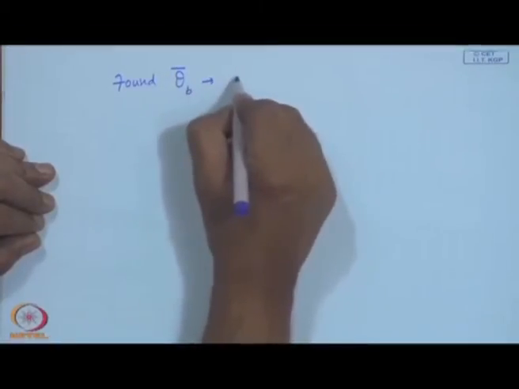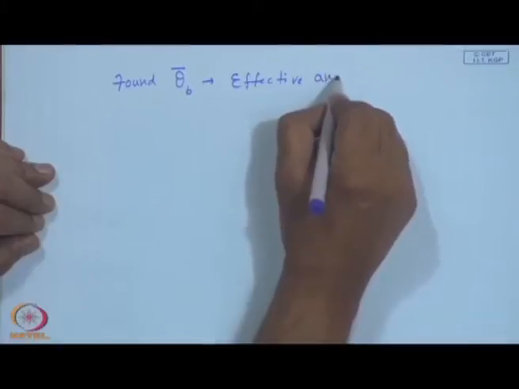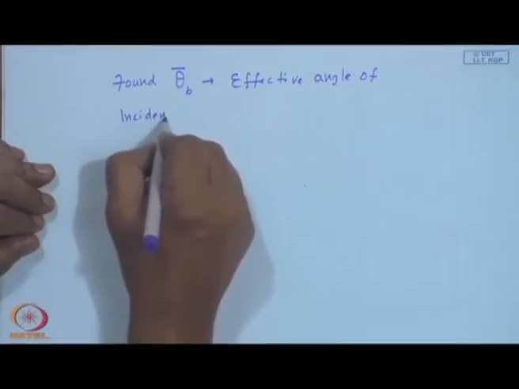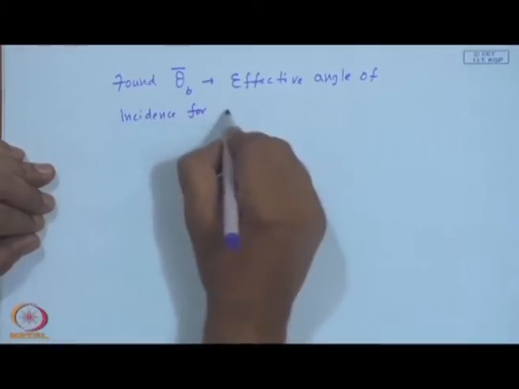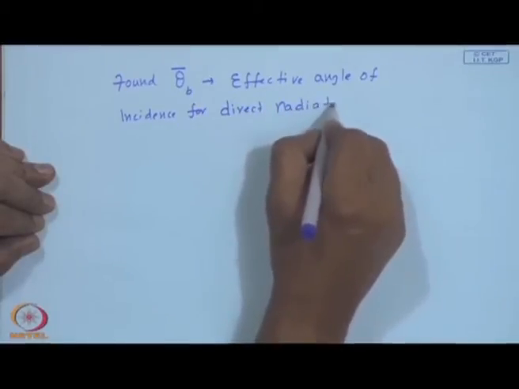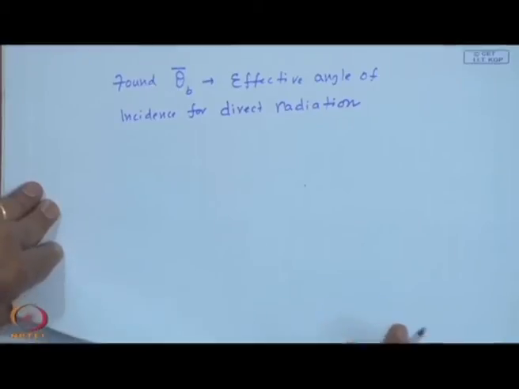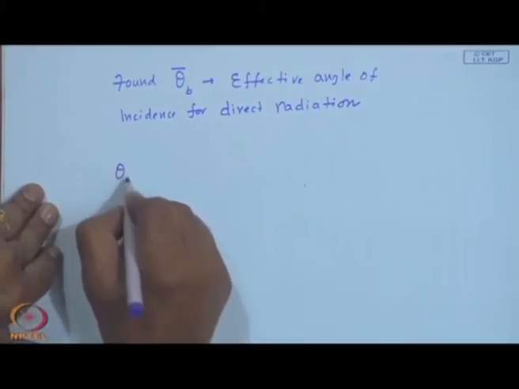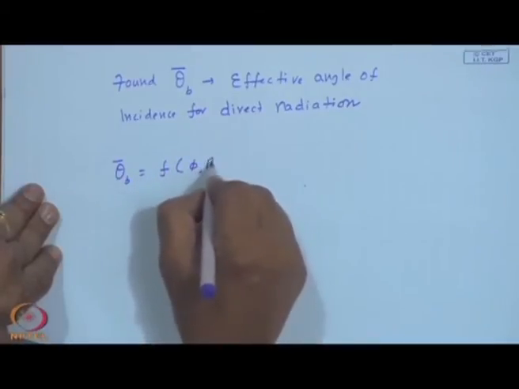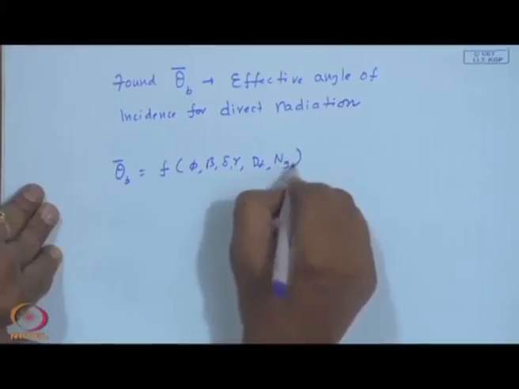This is the theta b bar, the so called effective angle of incidence for direct radiation. Okay. So, if you have got this, and now as I claimed, this should in general be a function of phi, beta, delta, gamma, df and ng.